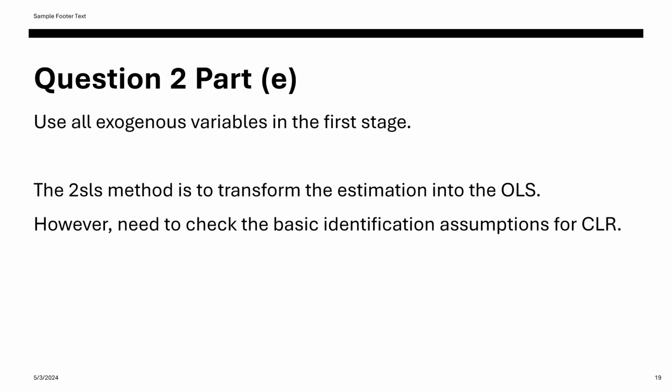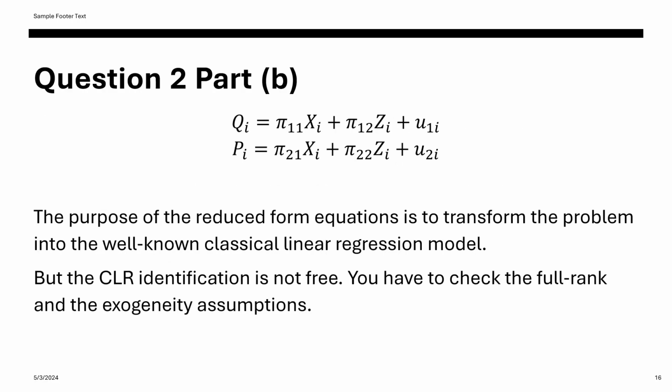And part E, think about two-stage least squares, and again, it's pretty much the same as question 1. You have to include all exogenous variables in the first stage. Then you will find that you are going to have this equation again.